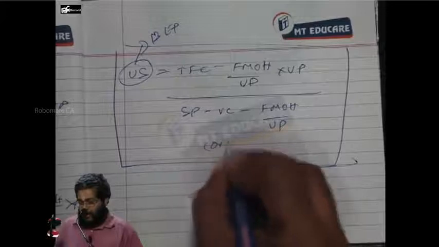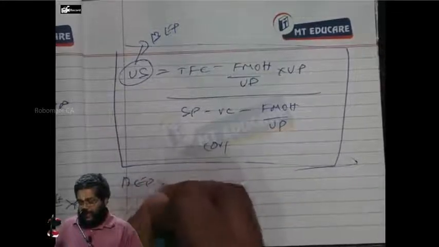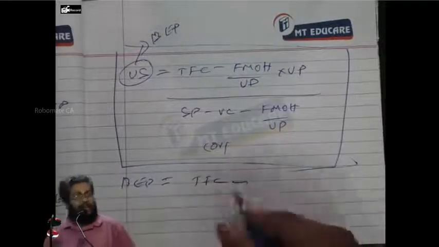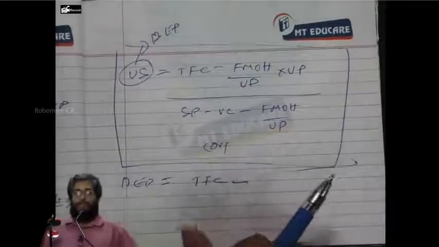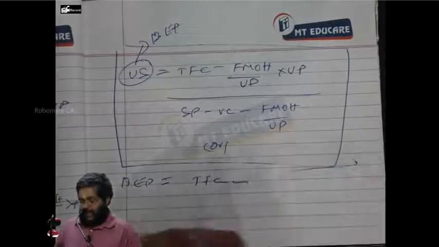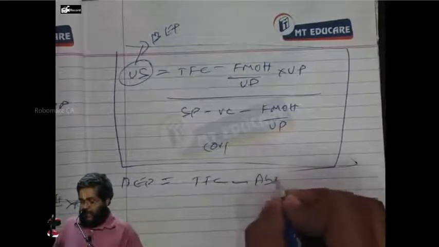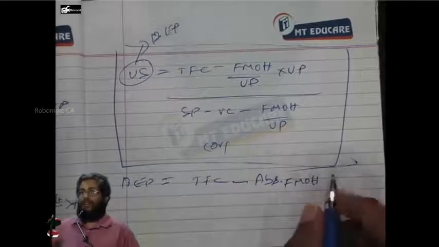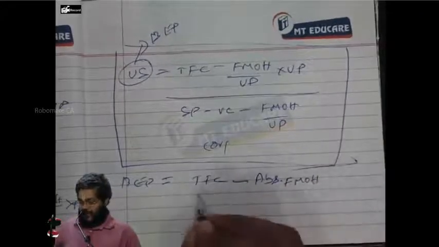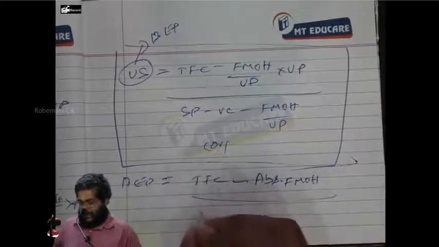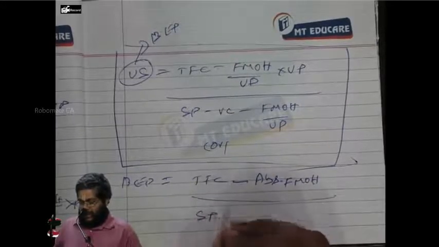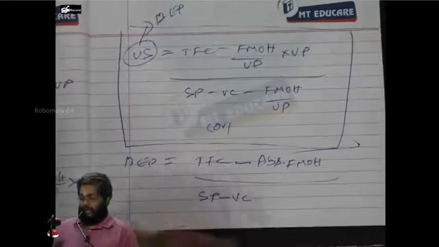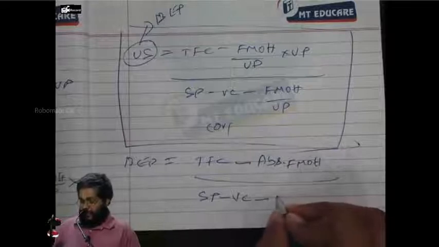Write down: BEP is equal to total fixed cost minus absorbed fixed manufacturing overheads, divided by selling price minus variable cost minus absorption rate.